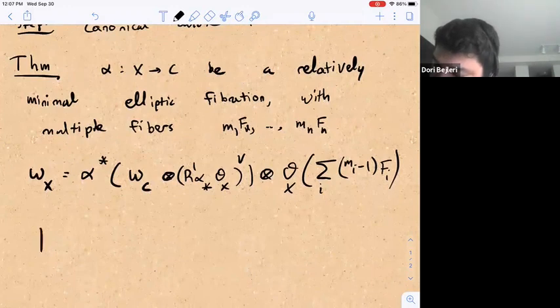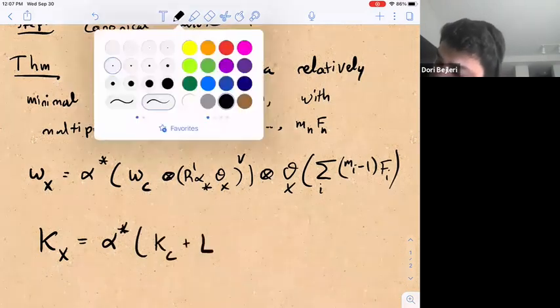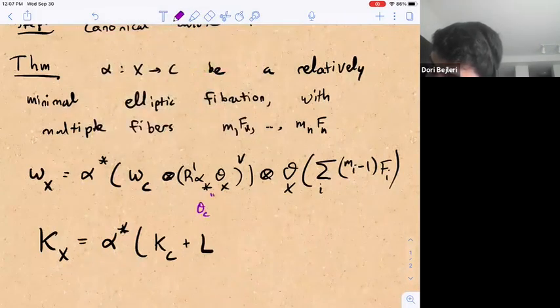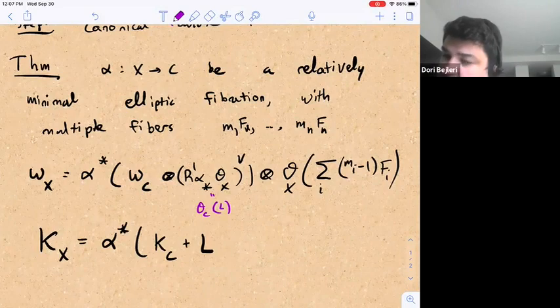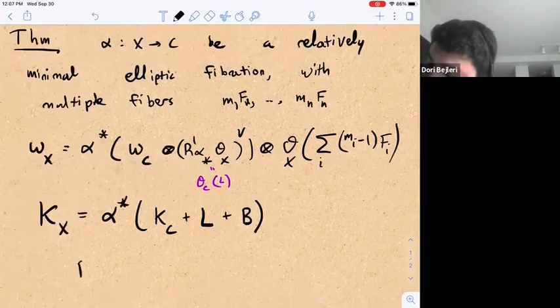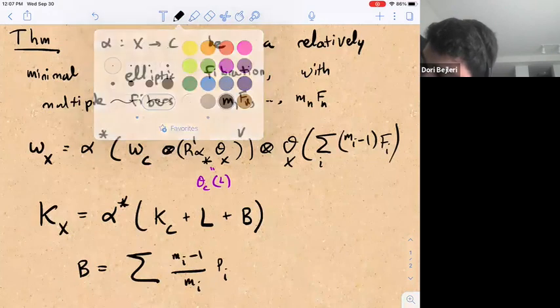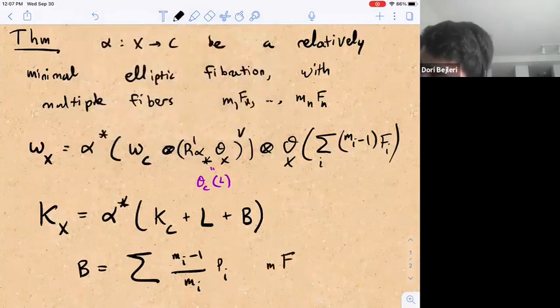So we can write it as the canonical divisor of X is the pullback of the canonical divisor on C plus some line bundle L, where this divisor is O of L, plus some contribution B from these multiple fibers, where B is the sum of (m_i minus 1) over m_i times the point p_i, where the multiple fiber m_i F_i is the preimage of this point p_i.